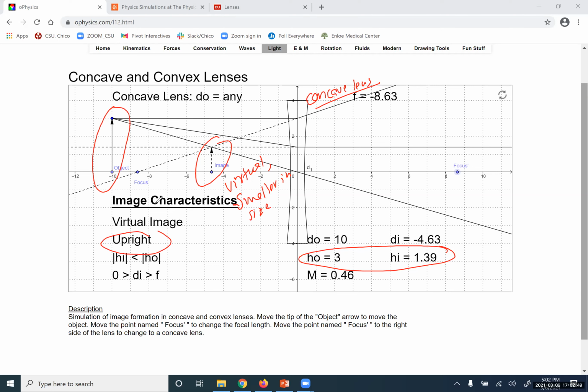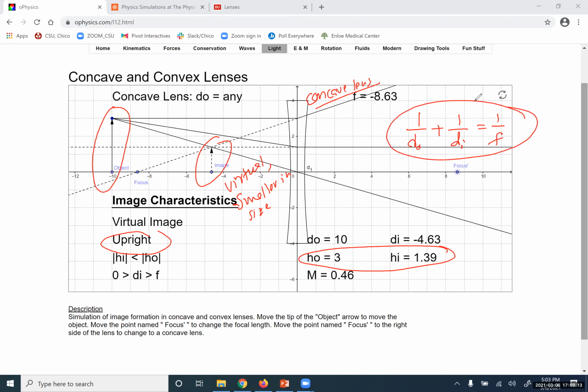So using the equation, we can predict where the image will be formed in the case of the concave or the convex lens. The key equation we'll use to predict object distance and image distance is 1 over d naught plus 1 over di equals 1 over f.